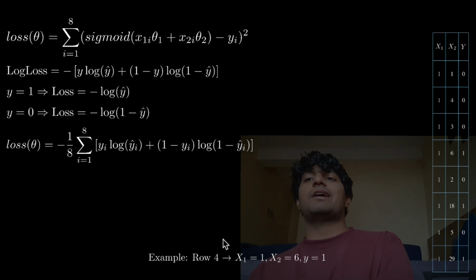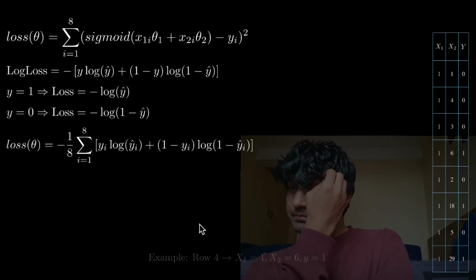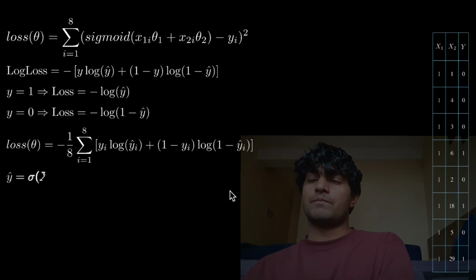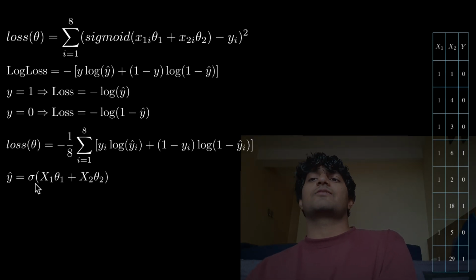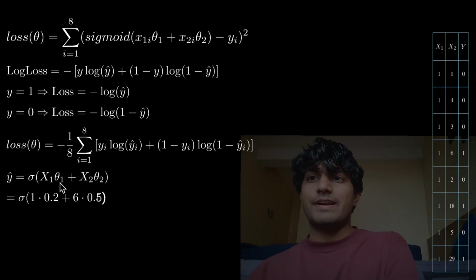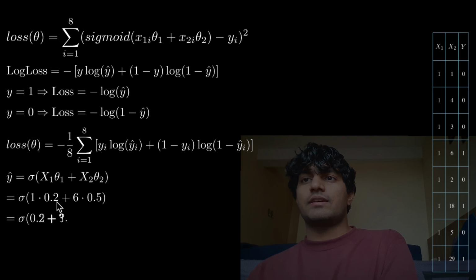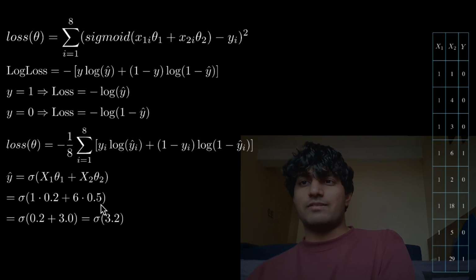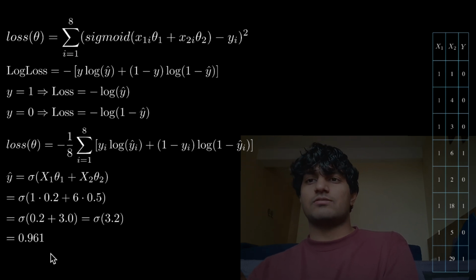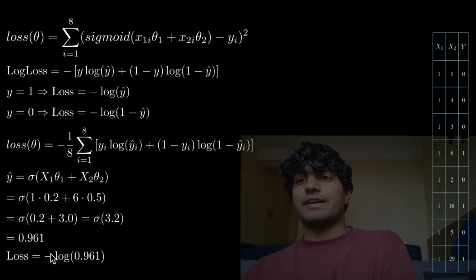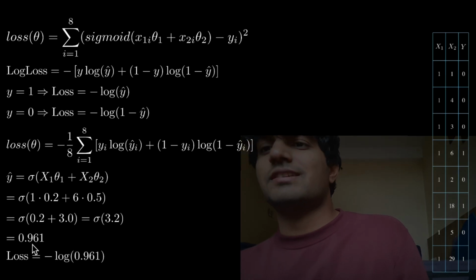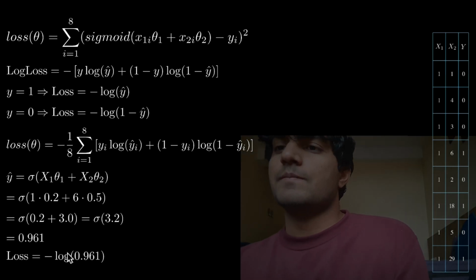So if we apply this, let's see how the prediction will look. For the prediction function, we'll choose some random theta values, 0.2 and 0.5, and if I solve, I'll probably get 0.69, something like this.